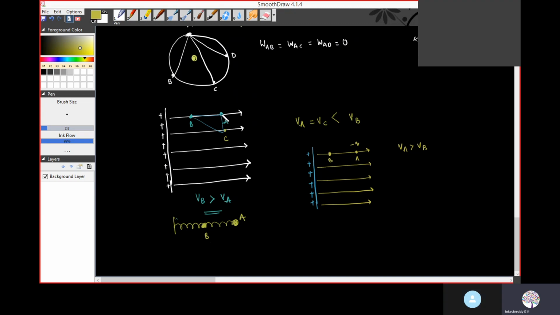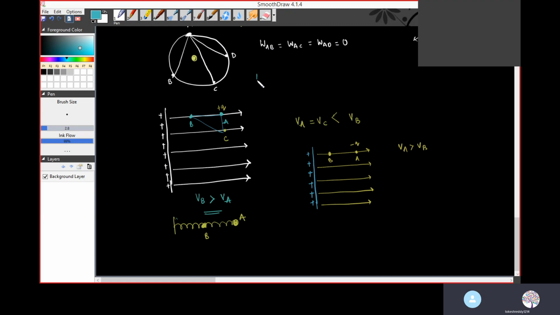Now in this case, I took a positive charge and moved it from here to here, or else I can say I have projected a positive alpha particle from here to here. Then its kinetic energy decreases and potential energy increases.